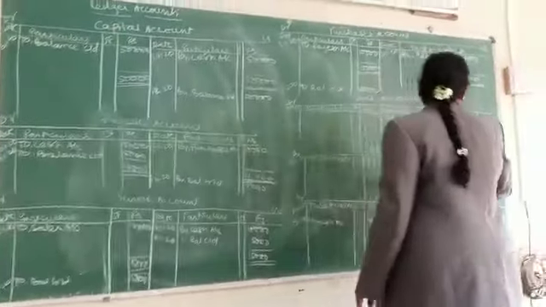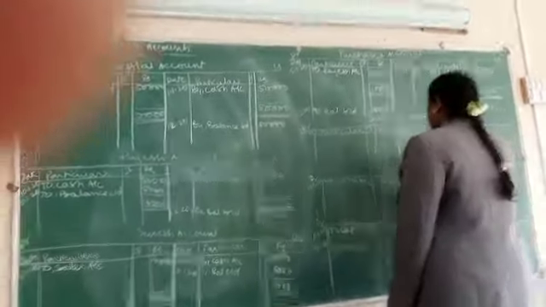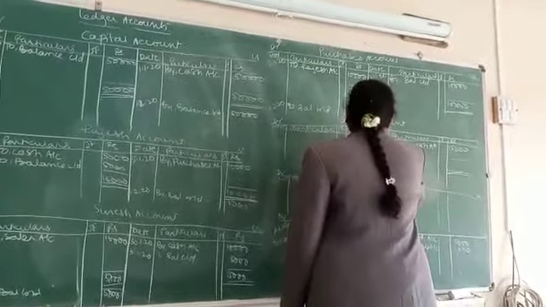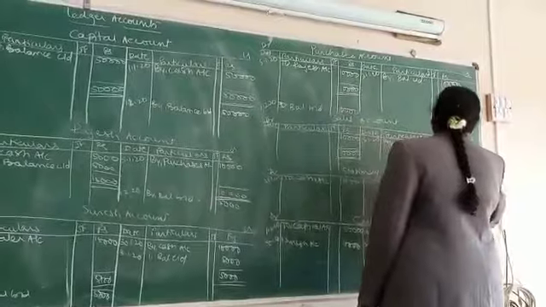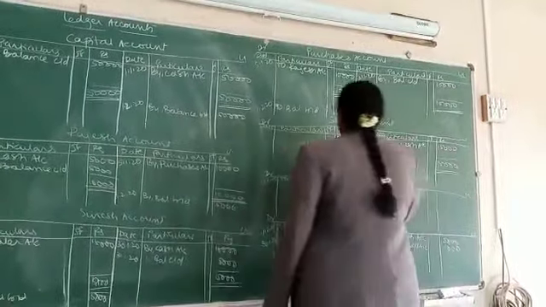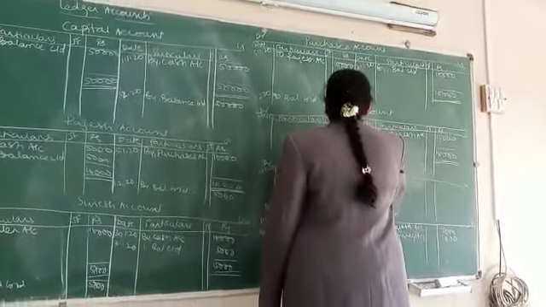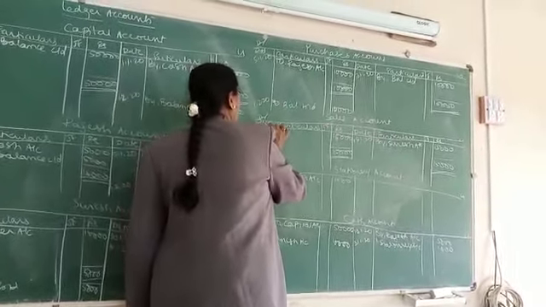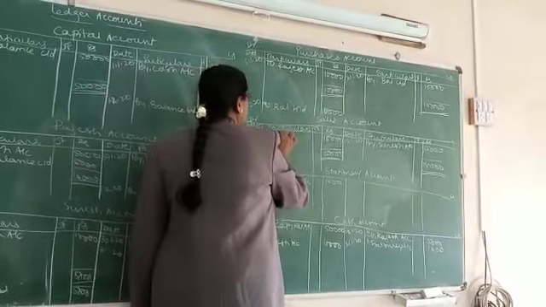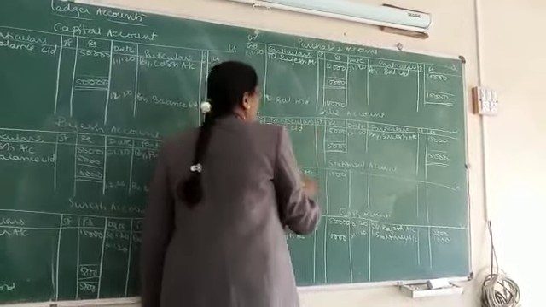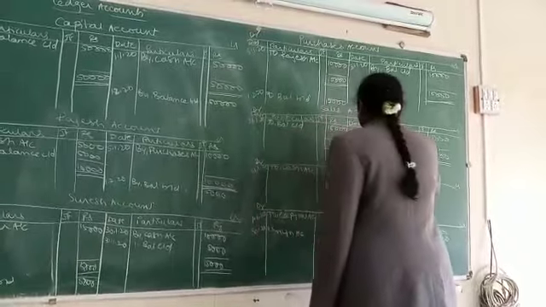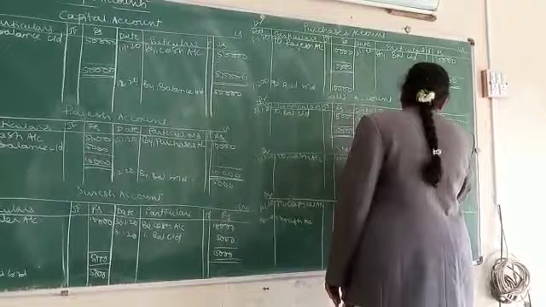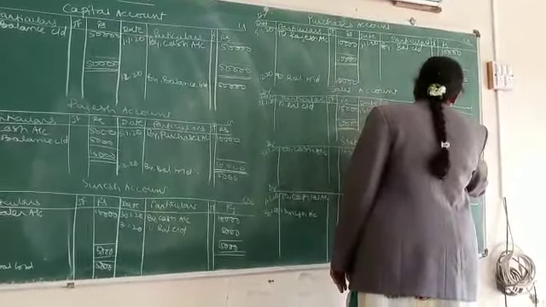Come to the sales account. Close it. Both the sides write it as 15,000. The difference, write the date 31/1. To balance carried down. Come to the credit side. 1/2/2020. By balance brought down, 15,000.